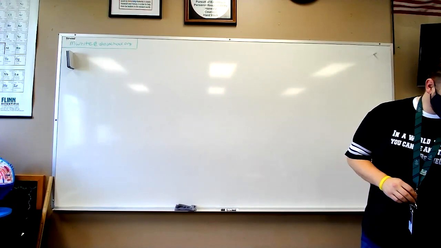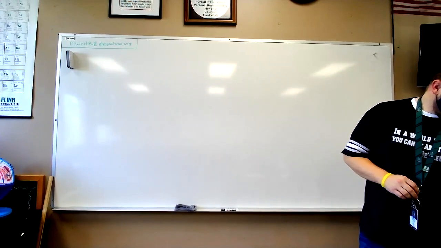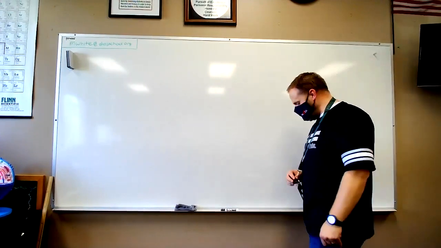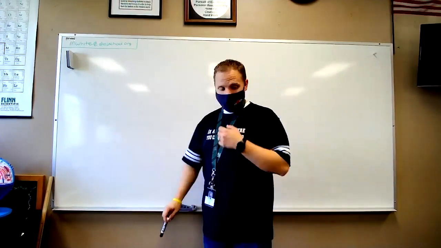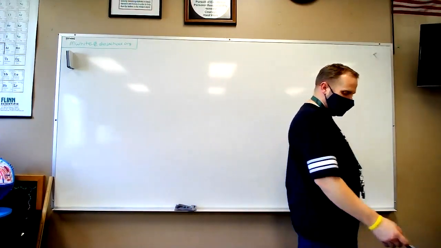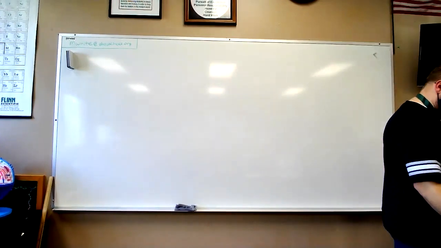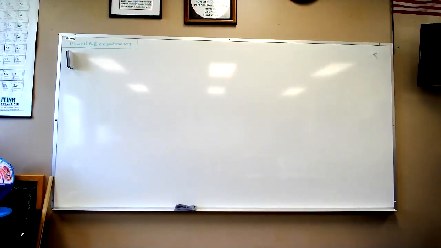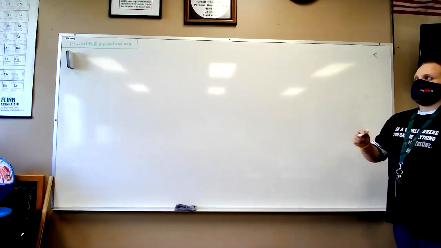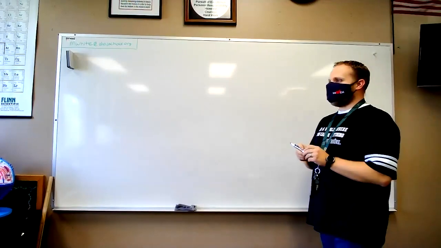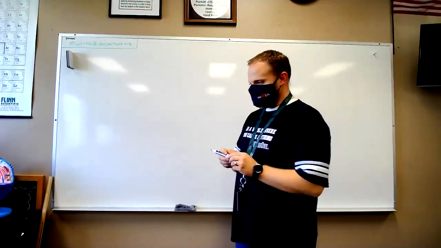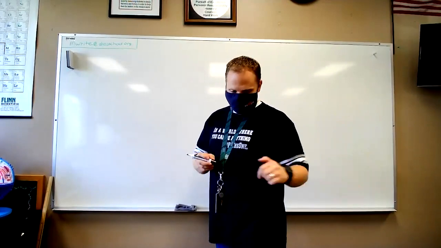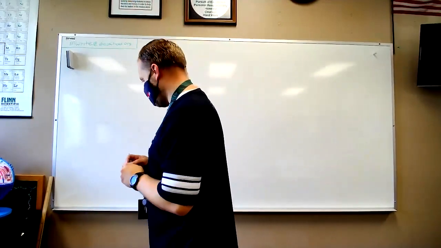All right. So we're going to start into the last little bit of chapter 7. And we're going to be talking more about ionic compounds, and then we'll get to a little bit of metals as well.